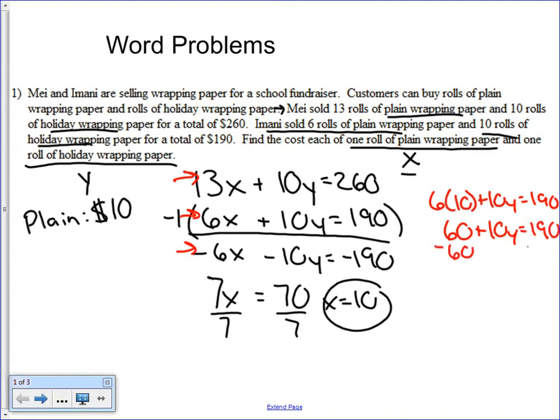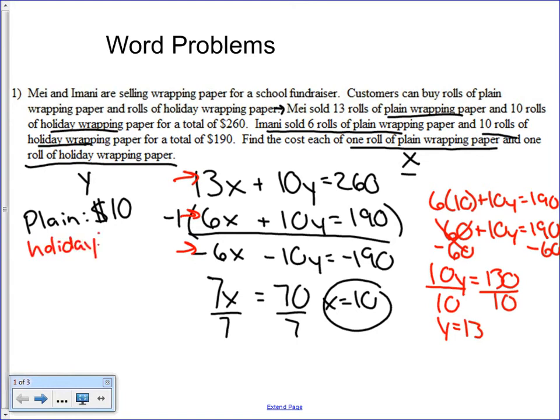Subtracting 60 on both sides, we get 10Y equals 130. Dividing by 10 on both sides, we get Y equals 13. So plain will cost $10 and the holiday will cost $13.